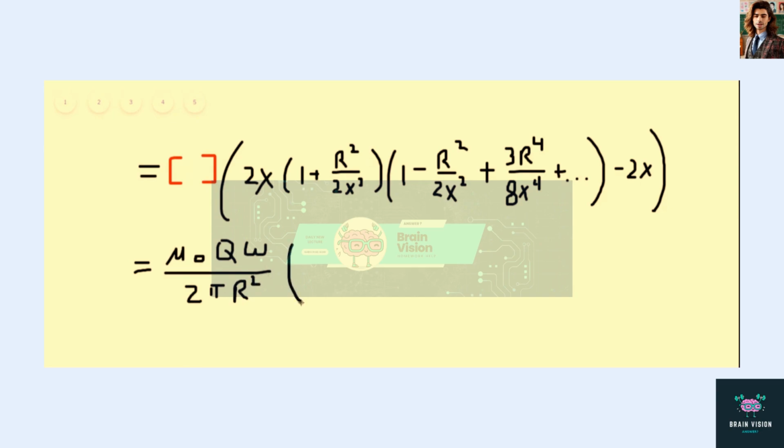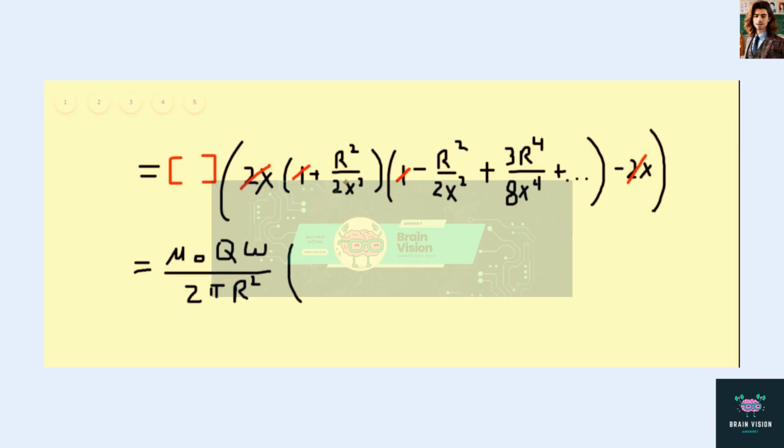So if you notice here, we have the 2x term that gets canceled out with the minus 2x term. So let's see here. This term is going to cancel this term when it gets multiplied through by that one and that one. And then you have this r squared over 2x squared minus r squared over 2x squared.